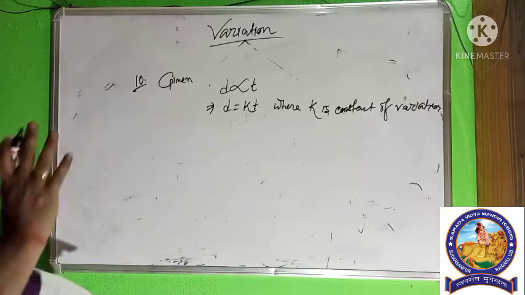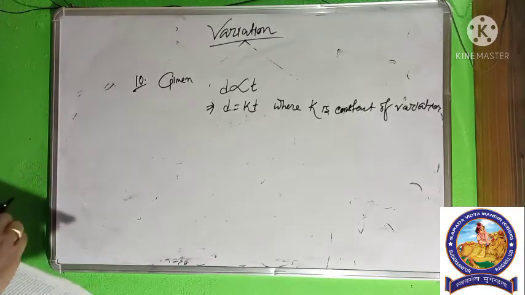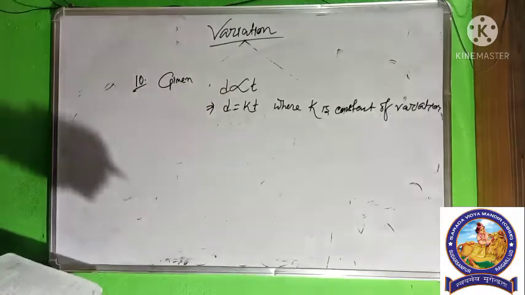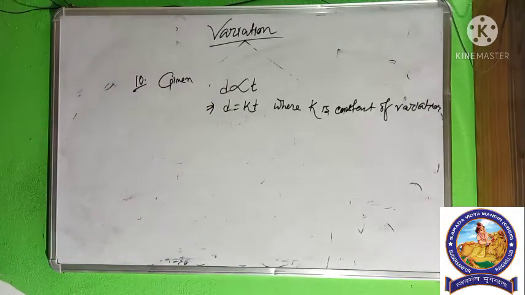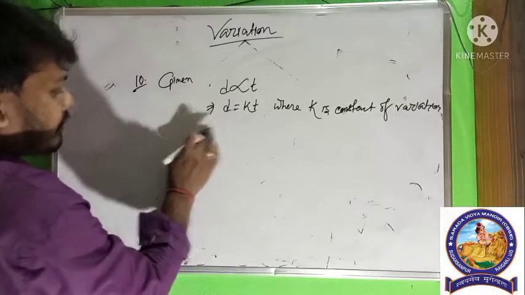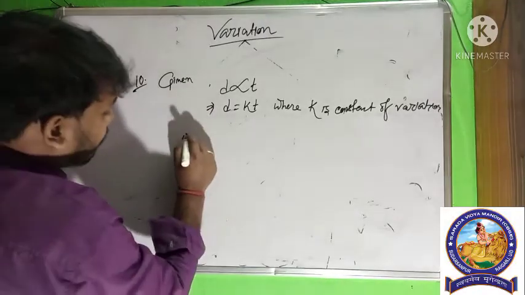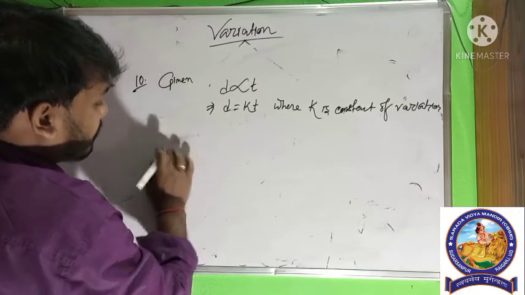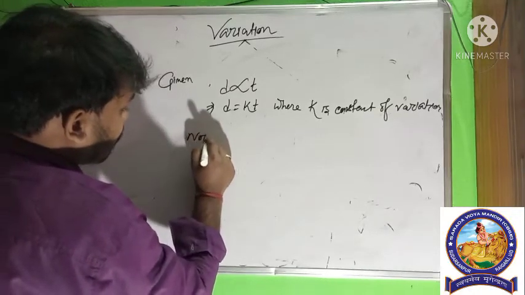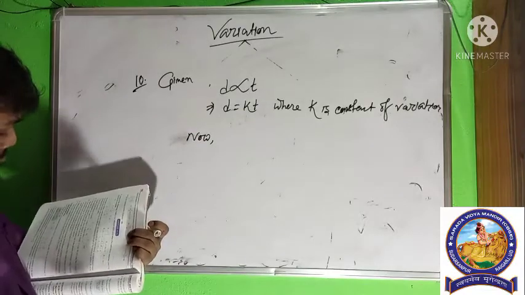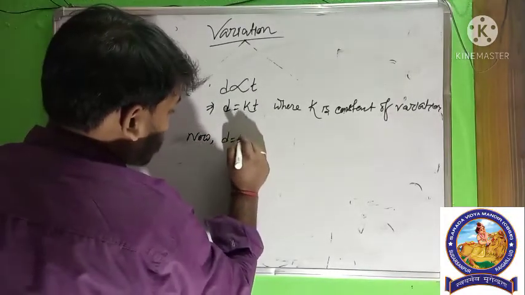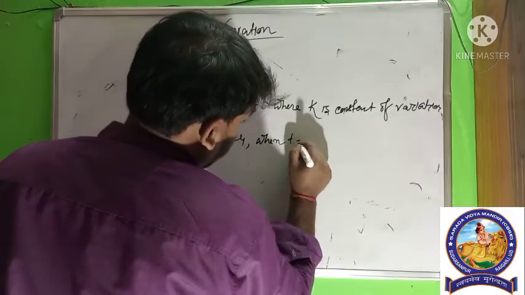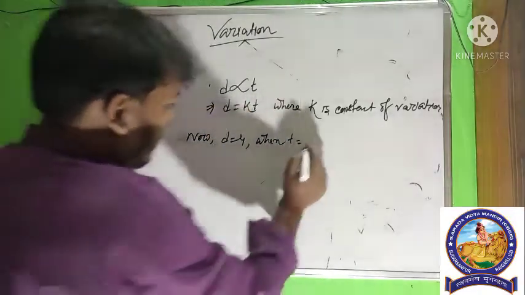From there we can find the value of k and then put the value of k in the equation. Okay, I will solve. Given d equals 4 when t equals 9.